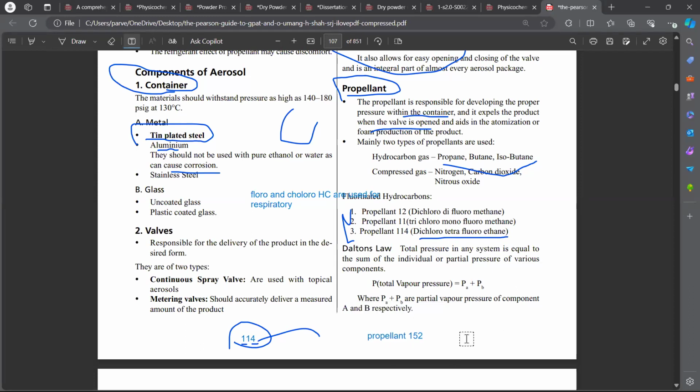Come on, guys, say it. What will be the name of the propellant of number 152? Do you guys have an idea? Difluoroethane. Yeah, great. It will be difluoroethane.